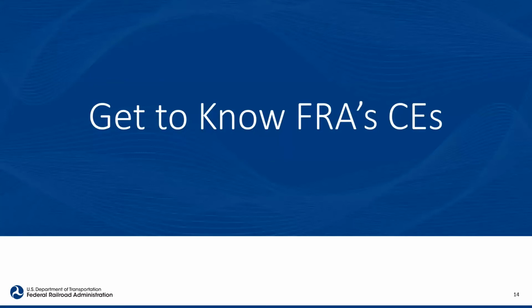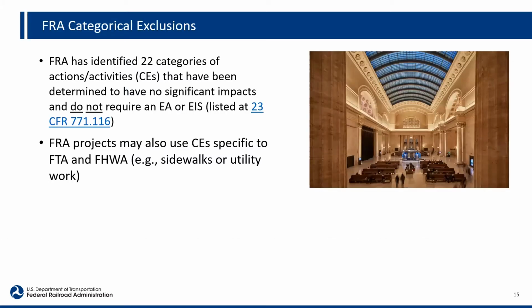Because the majority of the projects are covered under categorical exclusions, or CEs, and I would say 90% of the projects or more, it's a good idea for us to get to know FRA's CEs a little bit better. So next slide, please. Since 2018, FRA has expanded its list of CEs that are listed at 23 CFR 771.116.